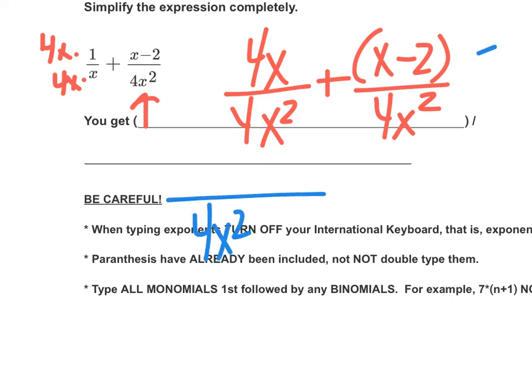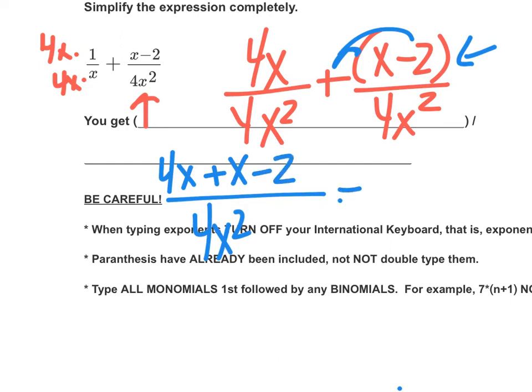And what I'm going to do is just evaluate this top. So I'm going to do 4x plus, if I wanted to distribute this positive, it's really just positive 1. There's really nothing to do, so you can just drop the parentheses. Or if you want to think about it, a positive 1 times an x is a plus x. A positive 1 times a negative 2 is a negative 2. So it doesn't change. It just becomes this right here.